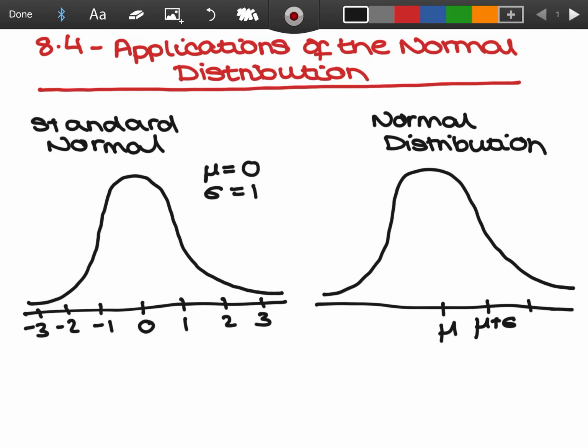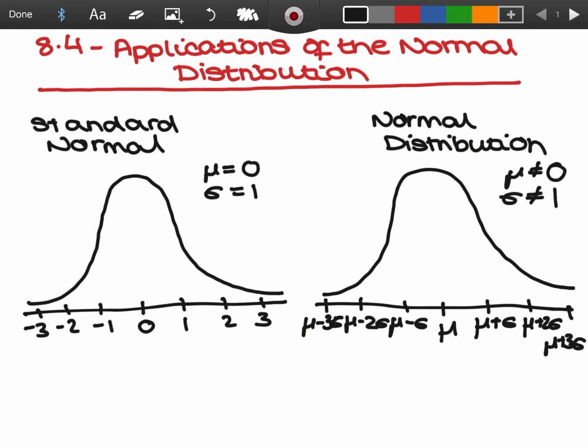So each of these values is now the mean plus 1 standard deviation, the mean plus 2 standard deviations, and the mean plus 3 standard deviations, and you subtract multiples of the standard deviation on this side. So this time your mean is not necessarily 0, and your standard deviation may not necessarily be 1. They are going to be some other values.